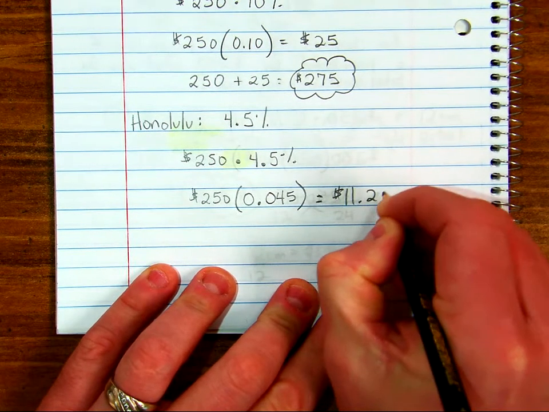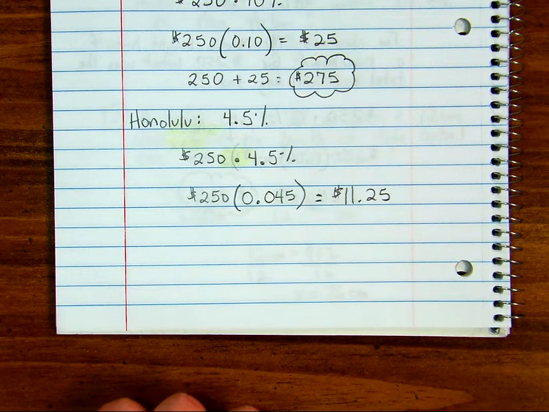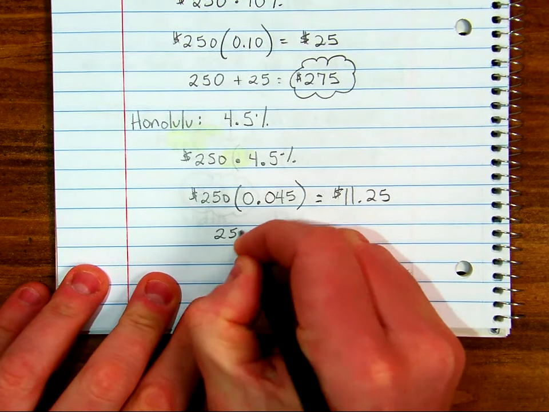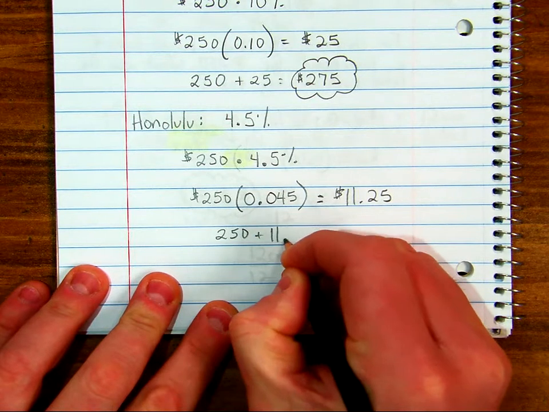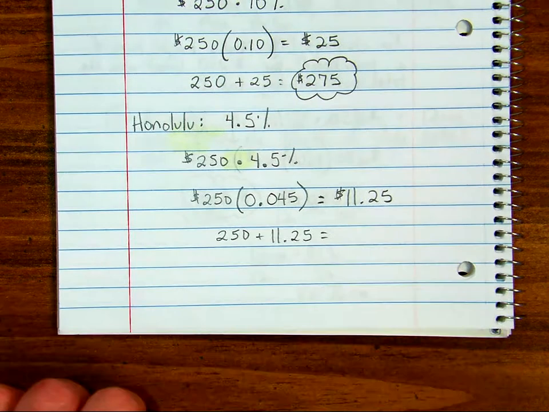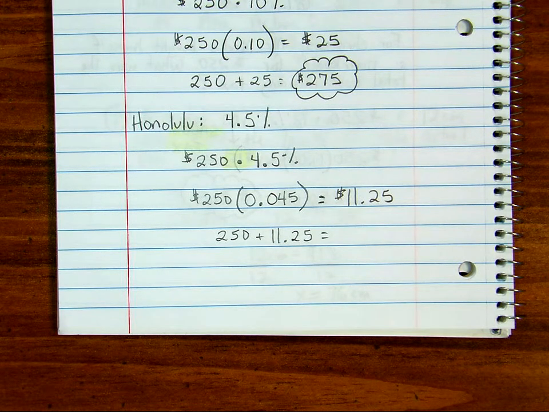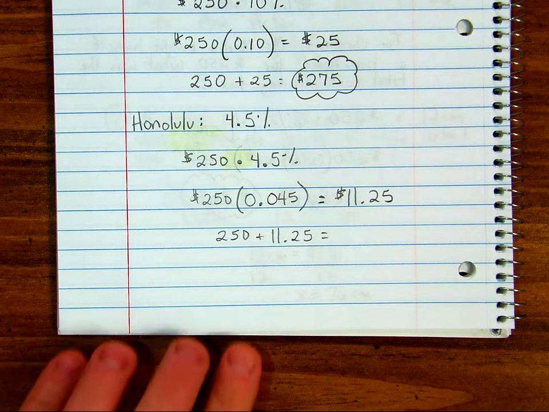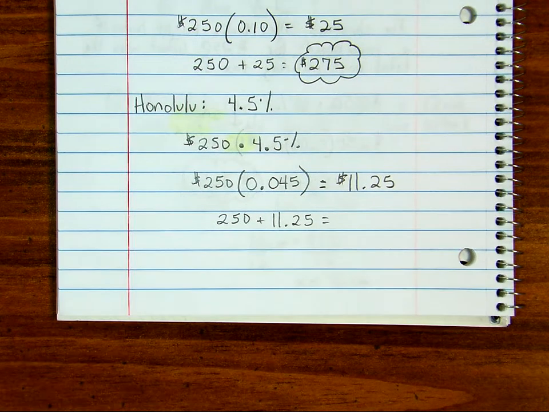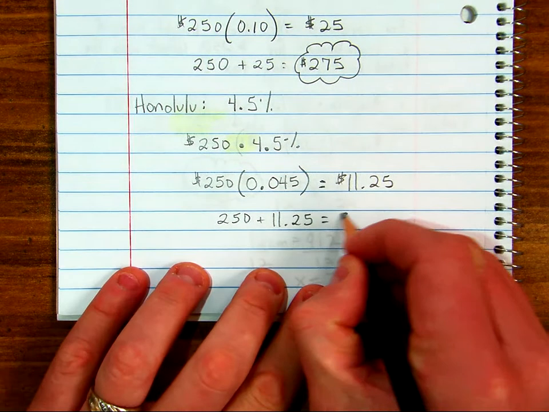So then we're going to take the cost of the hoverboard plus the sales tax. And what's our total cost? Dylan. Very good.